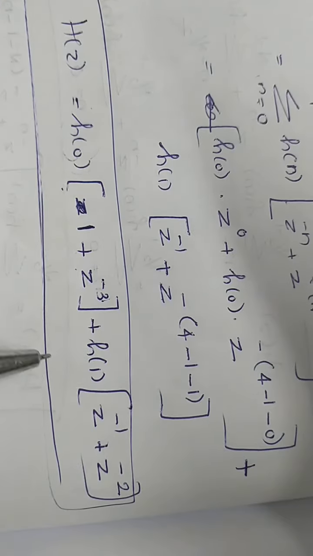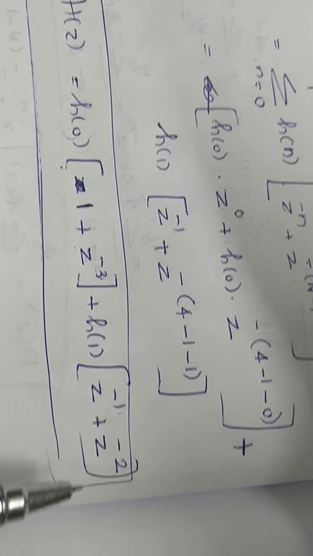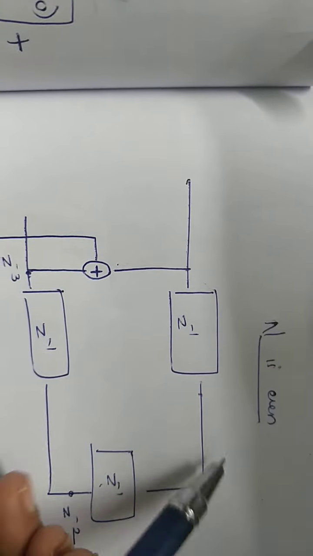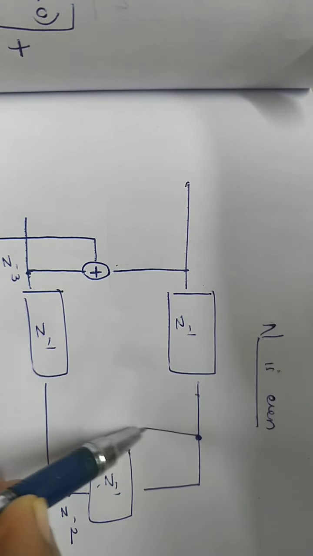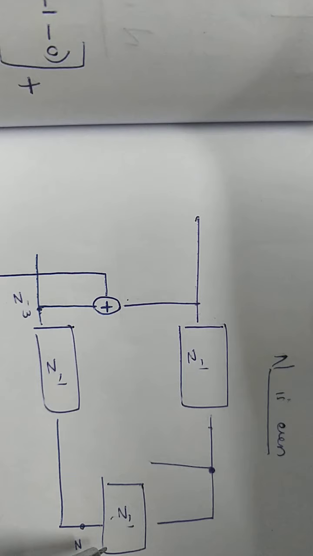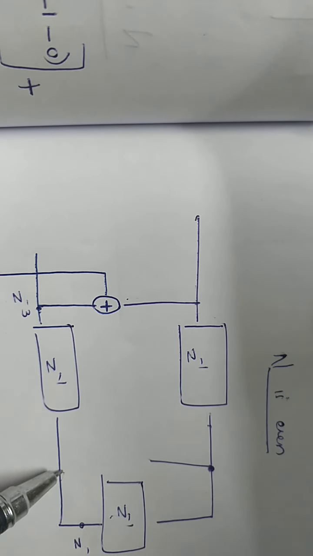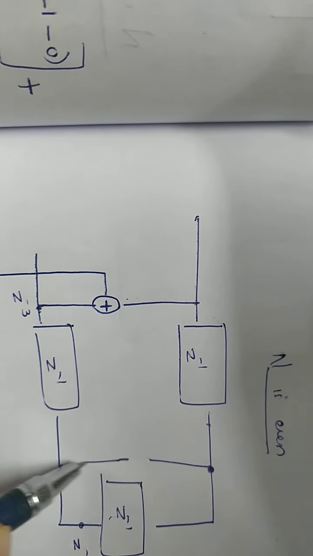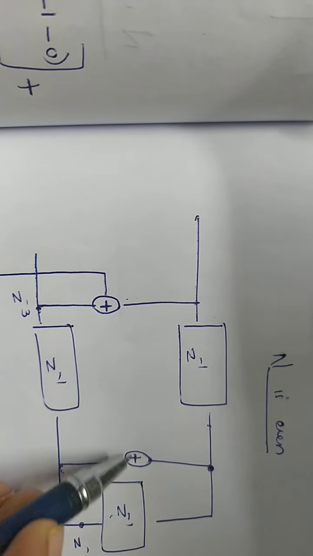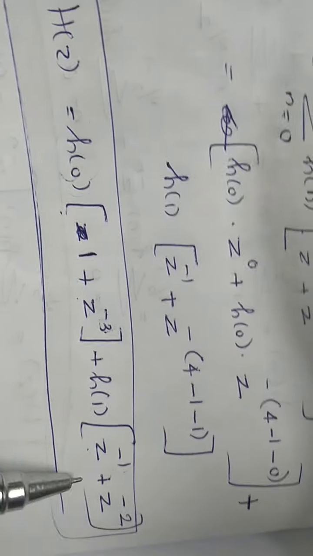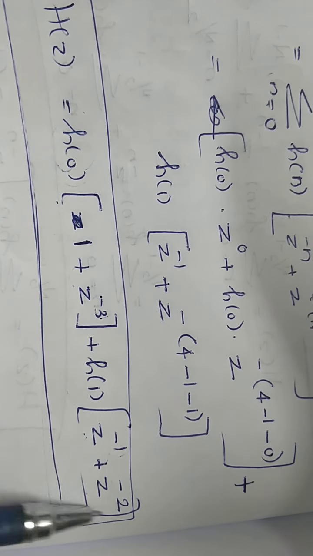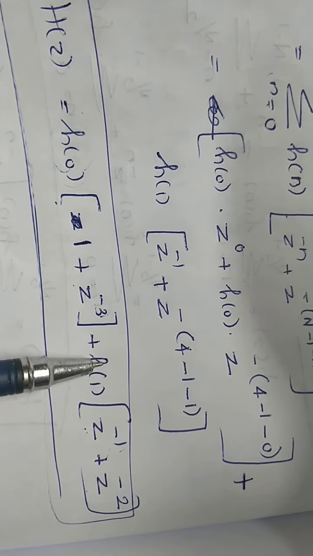Then what is the next term? z raised to minus 1 plus z raised to minus 2. So I am getting z raised to minus 1 from here, which is added with z raised to minus 2, and I will get z raised to minus 2 from here. These are added and multiplied with h of 1.